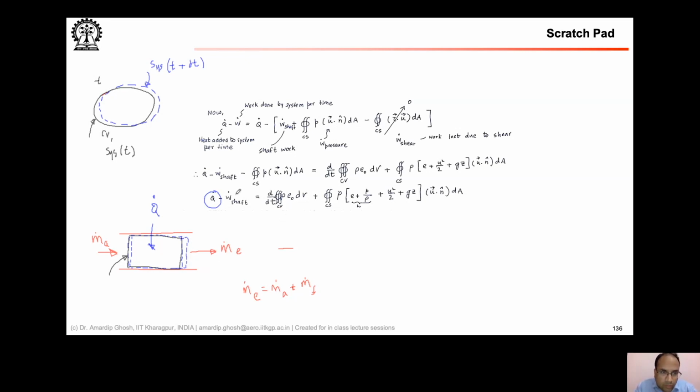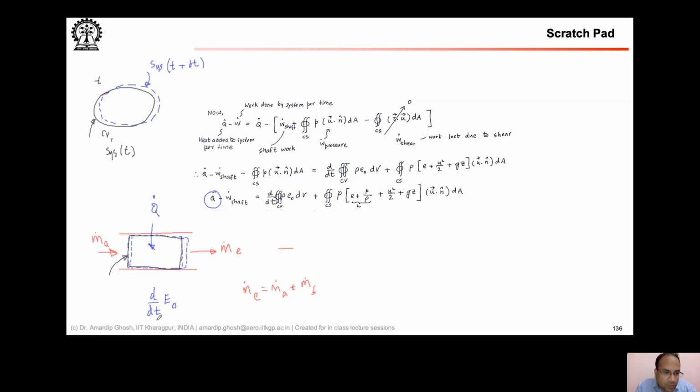So here the idea is that we want the substantial derivative of the total energy of the system, whatever is in that blue dotted line at time t plus dt, or black solid line at time t.